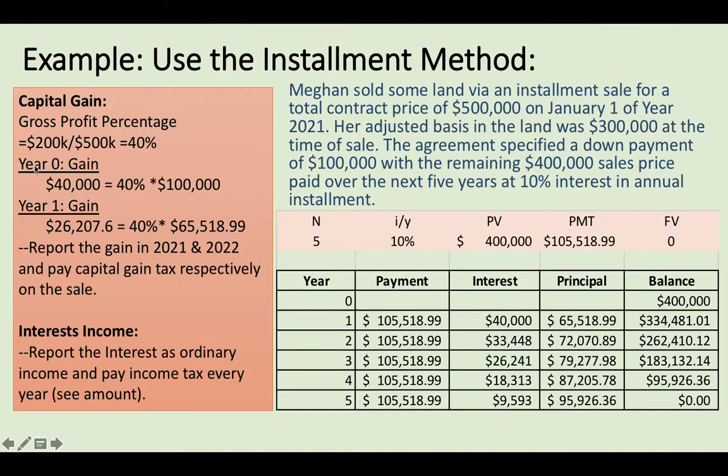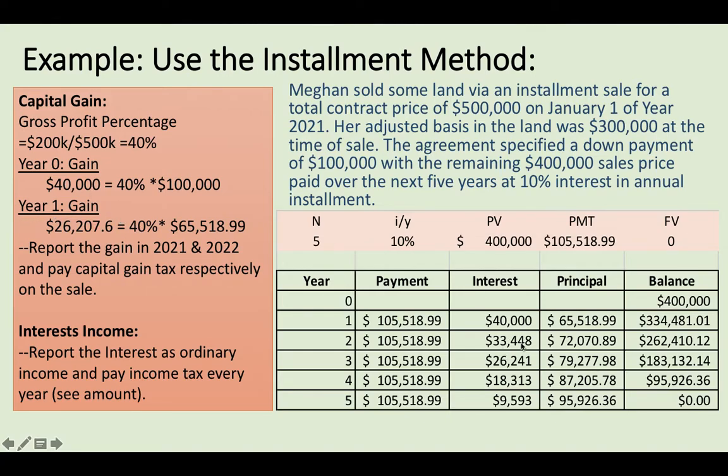So in the year of the sale, year 0, the buyer pays you the $100,000 down payment, then 40% of that is going to be recognized as a gain, so you're going to pay capital gain tax on the $40,000 here. How about year 1?